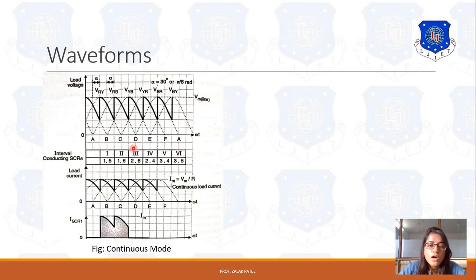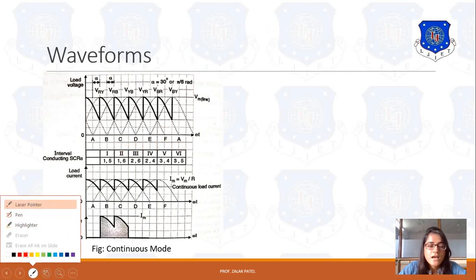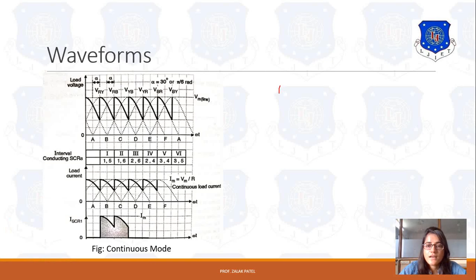So we can say that SCR 1 is conducting with either SCR 5 or SCR 6. If you remember the circuit diagram of the full wave converter, the first, second and third SCRs are in the upper portion, and on the lower portion the fourth, fifth and sixth SCRs are connected.